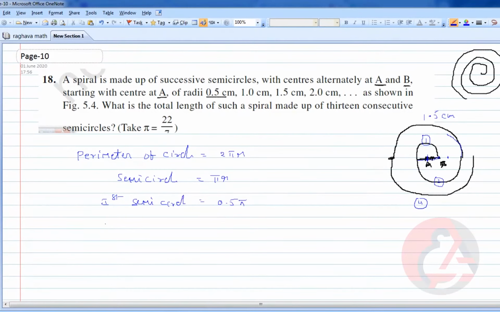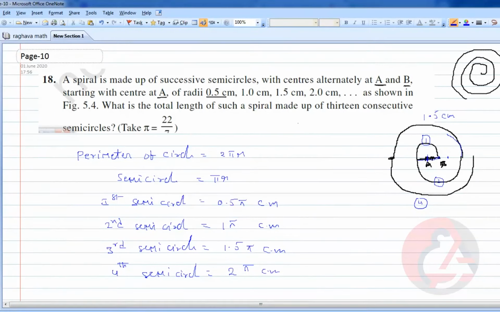Second one is 1 pi centimeter. Third semicircle is 1.5 pi centimeter. Fourth semicircle is 2 pi centimeter.